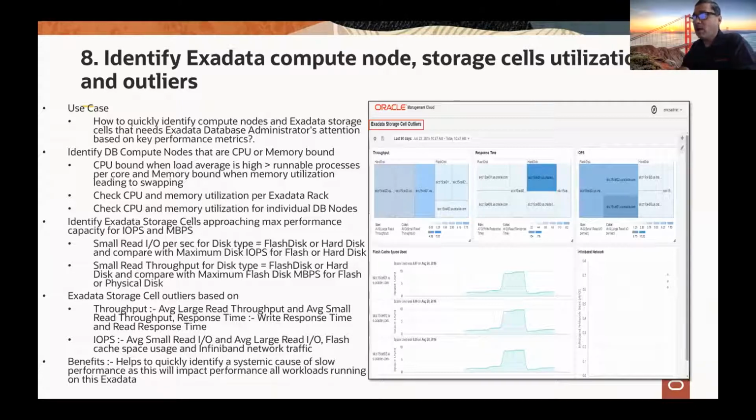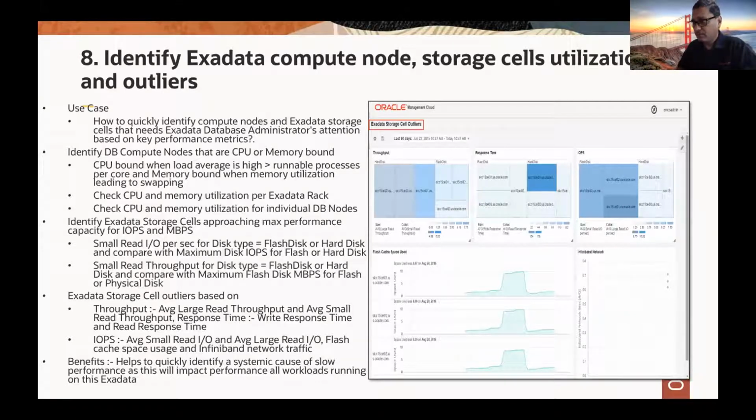Similarly, we should keep an eye on memory utilization of our DB nodes. And then the storage cells which are approaching the max performance capacity based on IOPS and MBPS should be identified, and any outliers in any of the storage cells should be pinpointed.